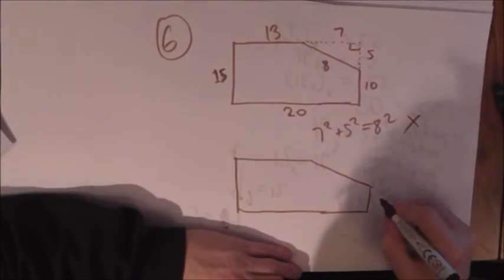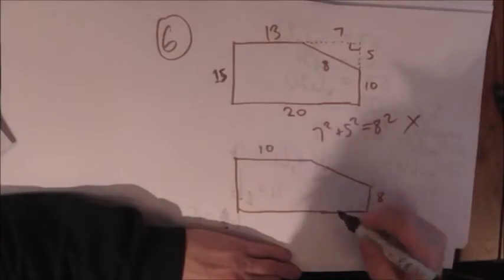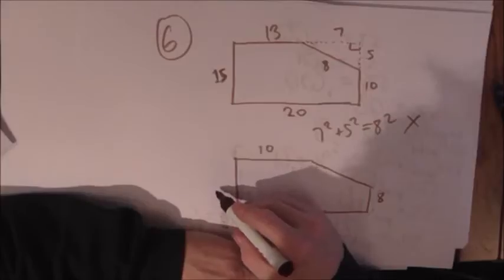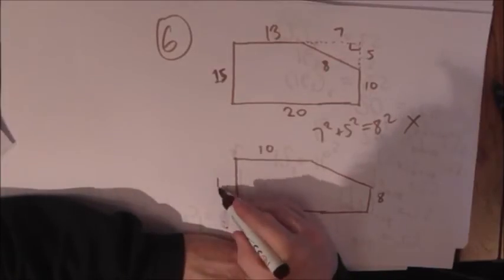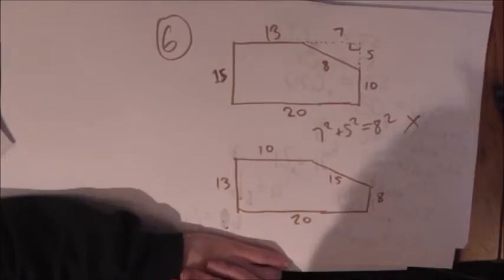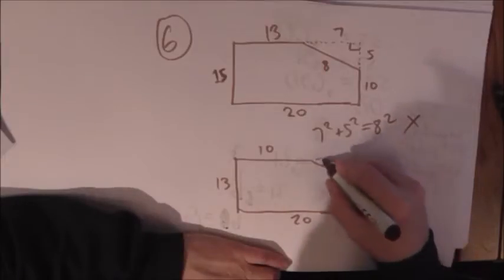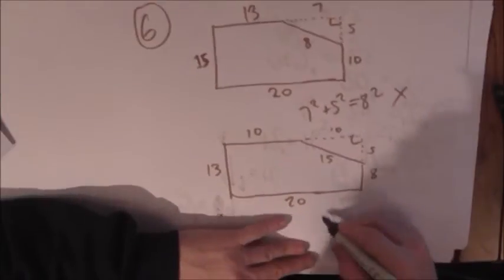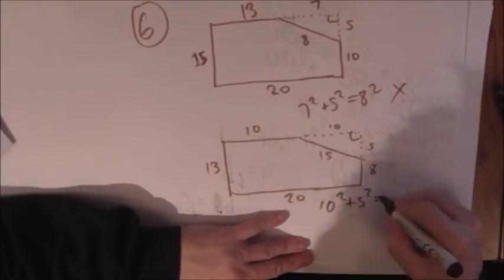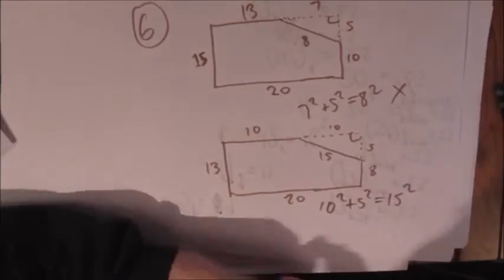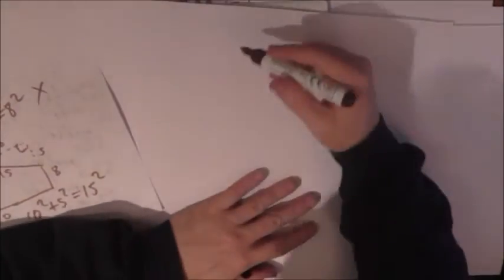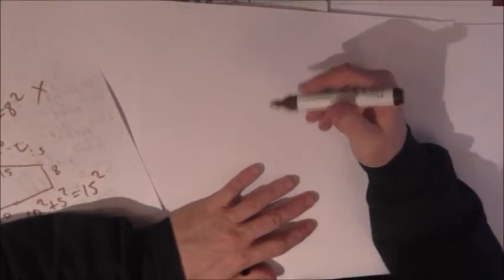Let's try putting that there, that there, that there, that there, and that there. That will be 5. That will be 10. So is 10 squared plus 5 squared equal to 15 squared? No, it's definitely not. So this is definitely convincing me not to waste my time just mucking around. So that's the point of this strategy.